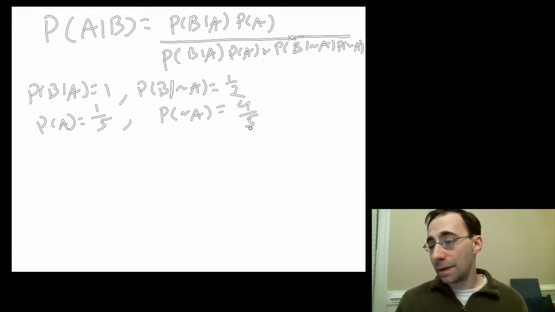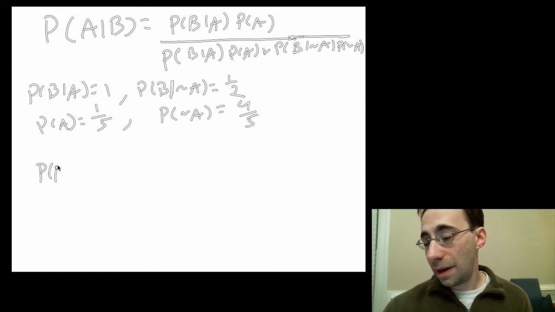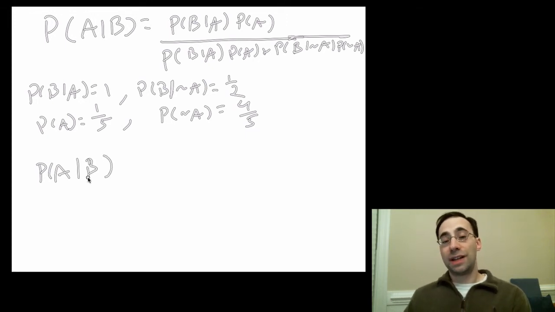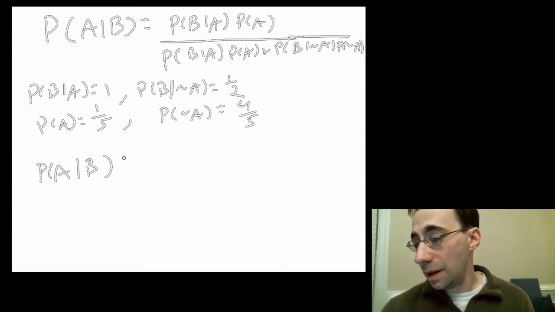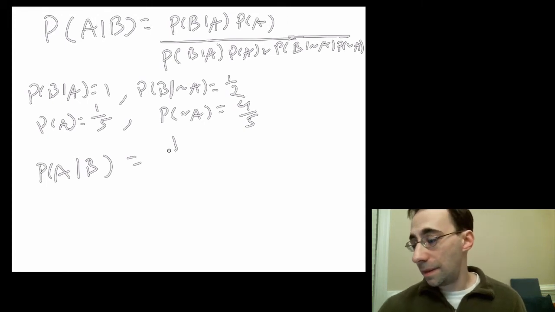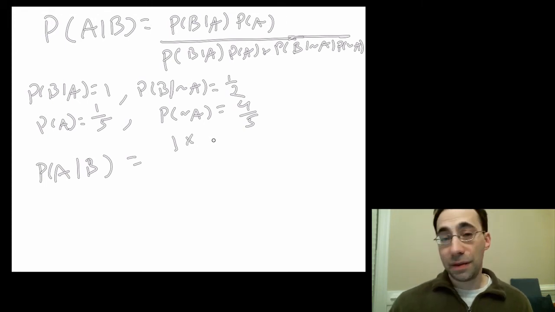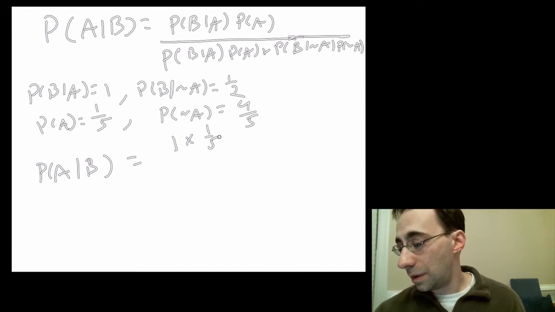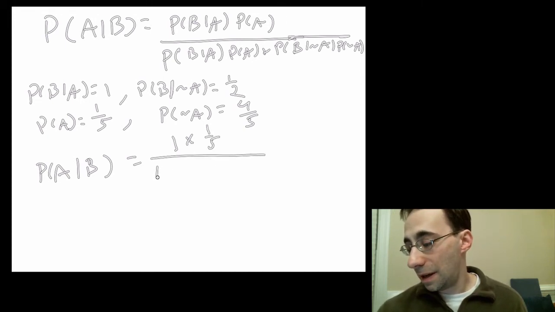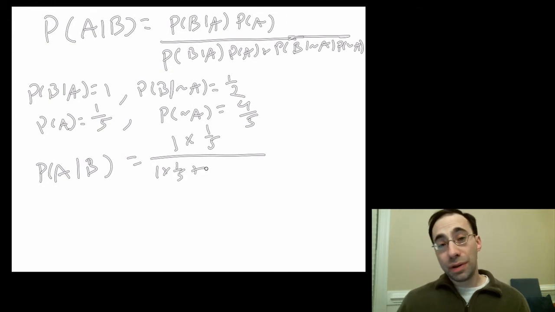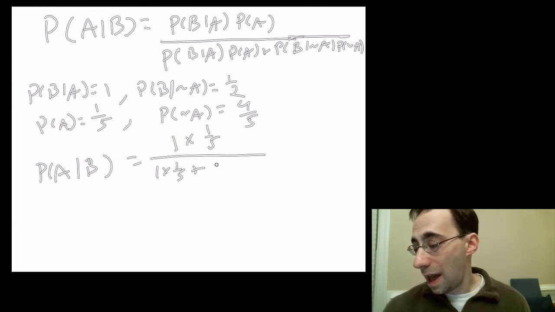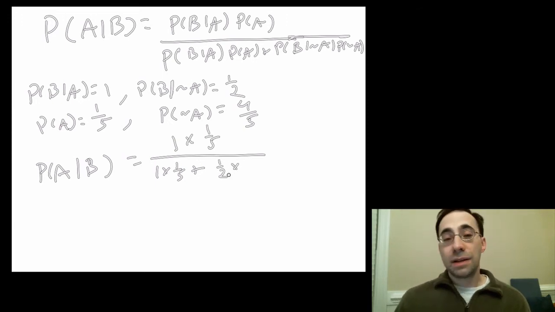Let's go to Bayes' rule. Bayes' rule says the chance of the type being nice, given having observed B, which is a thing a nice type always does, cooperate, is equal to P of B given A, which is 1, times the prior probability of A, which is 1/5, divided by that same 1 times 1/5, plus the probability of B given not A, which we said was 1/2, times the prior probability of not A, which is 4/5.